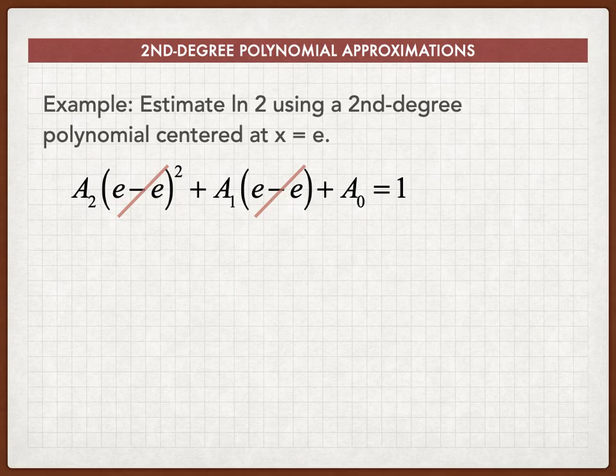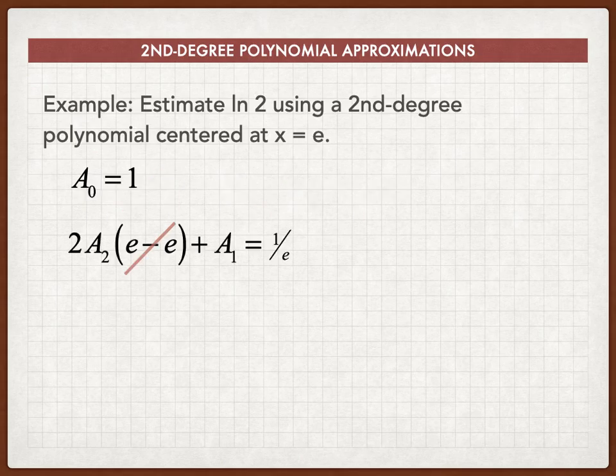Evaluate the polynomial at e. The first two terms go to 0. Equate to ln e. A sub 0 is 1. Evaluate the derivative at e. The first term goes to 0. Equate to the derivative of ln x at e.